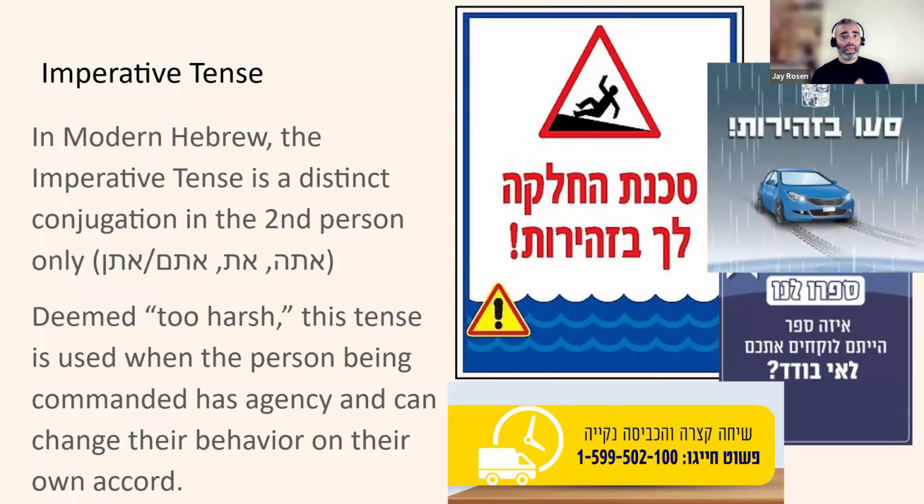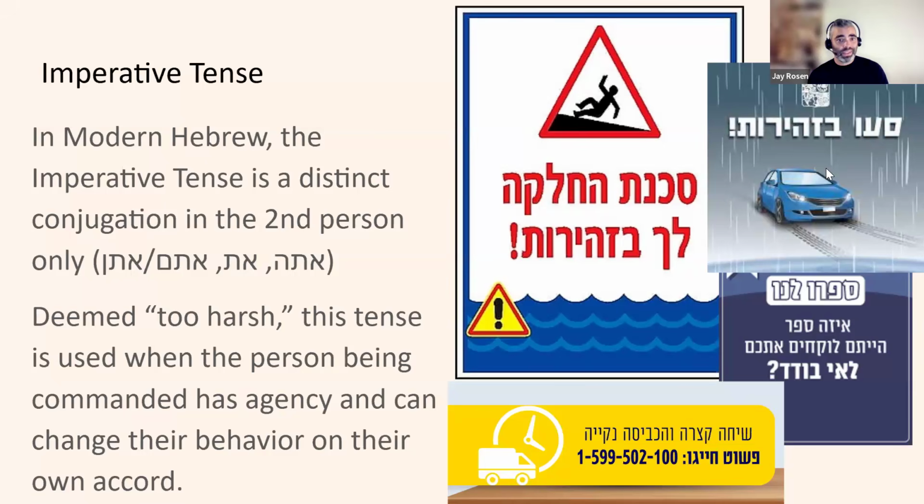In this case, lech bezehirut, go, or tread is another way that it's often translated in English, but go, bezehirut, with caution or cautiously. Danger of slipping, go cautiously or go carefully, but zehirut is better translated as cautiously. And we're going to see that word zehirut again at the top right.